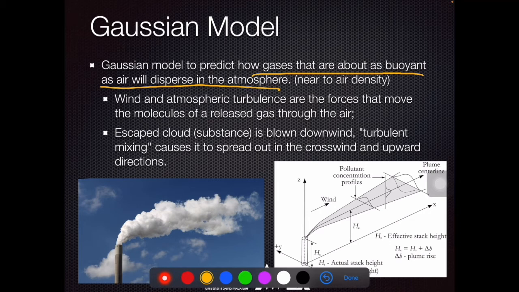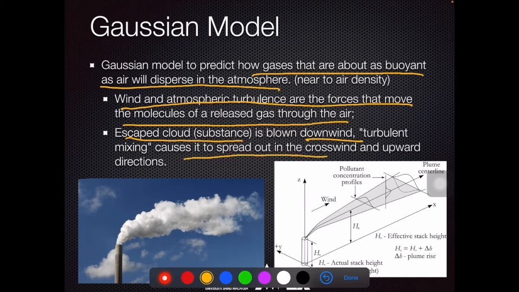There are equations involved in modeling this. Wind and atmospheric turbulence are the forces that move this vapor in the air. So the escaped cloud of the hazardous substance itself will normally blow downwind, causing turbulent mixing, causing it to spread out in the crosswind and upward direction.